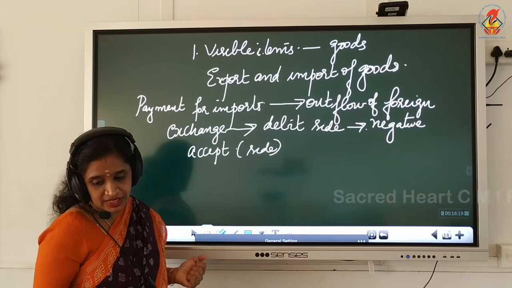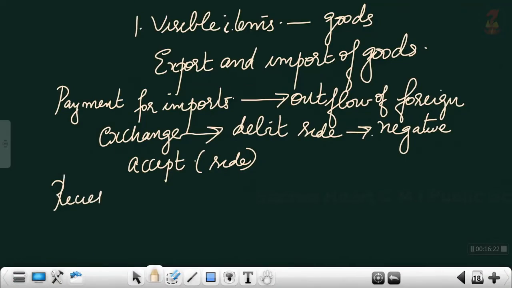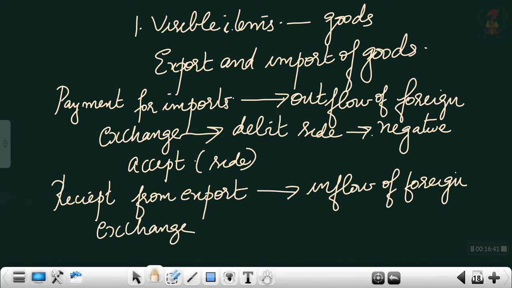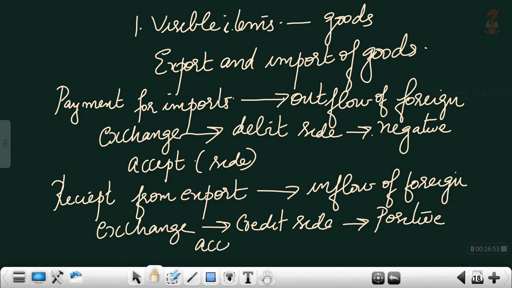So receipt from export causes inflow of foreign exchange. I have told you, when it is inflow, it has to be credited, which will be written on the credit side, and which is a positive aspect or positive side.